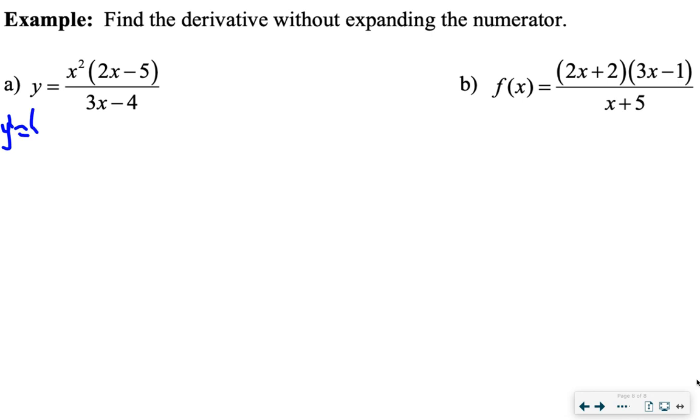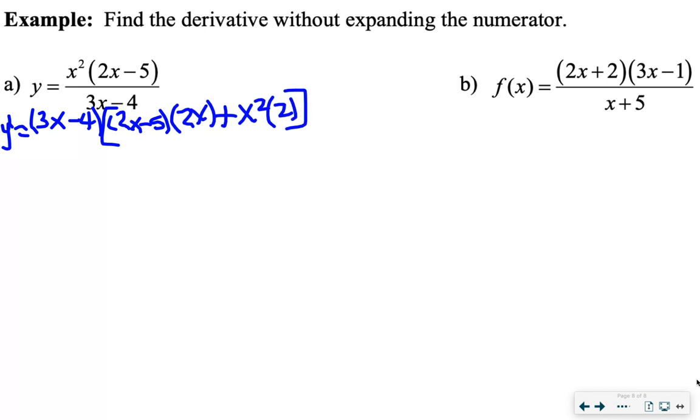So we've got bottom, d top, so that is going to be second, d first. I think I'm going to end up doing the second one on a different page. Second, d first plus first times the derivative of the second.